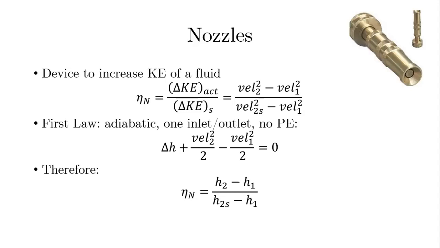So from the first law, if we're assuming adiabatic, one inlet, one outlet, no potential energy, no work, then we get that delta H is equal to the change in kinetic energy. So if the change in kinetic energy is directly equal to delta H, I can replace delta KE with delta H. So I'm getting pretty much the same thing.